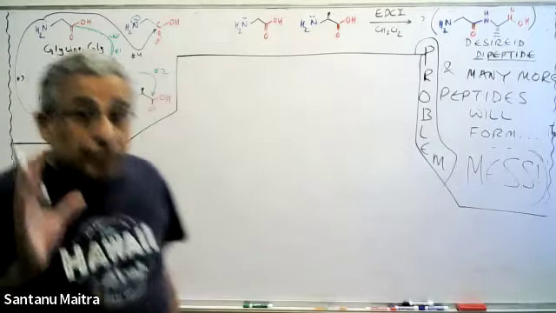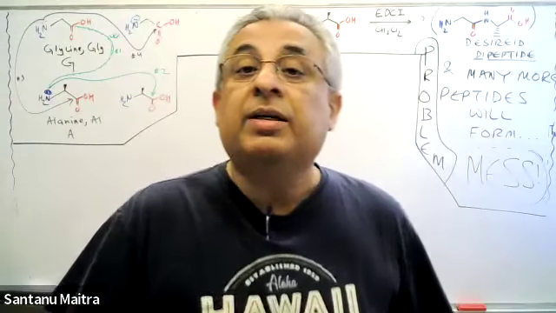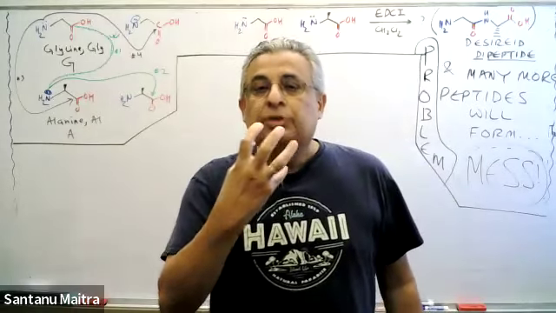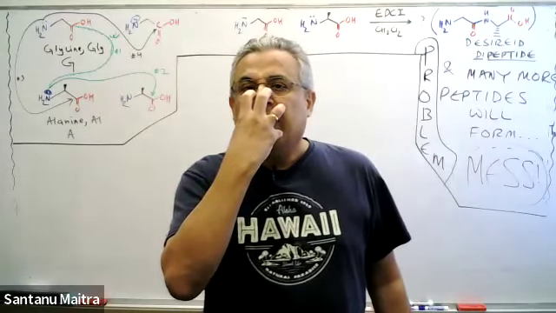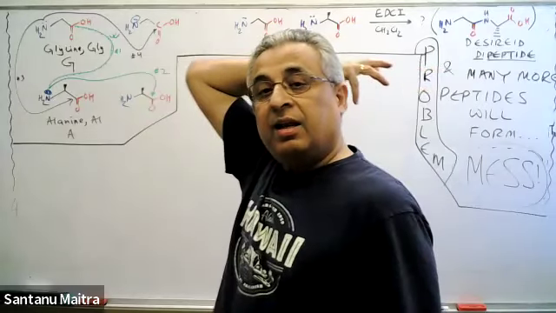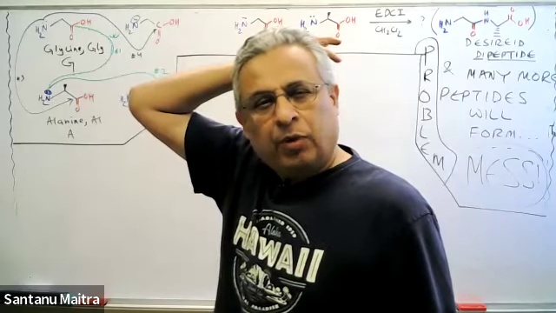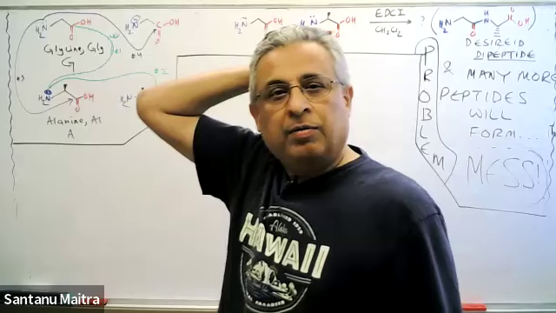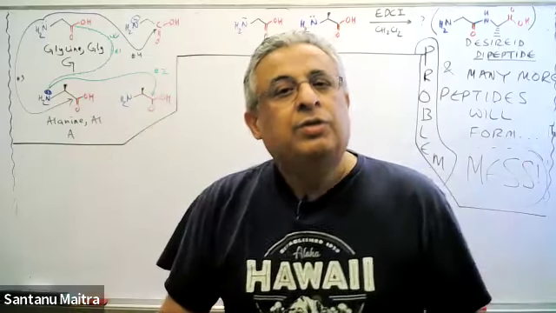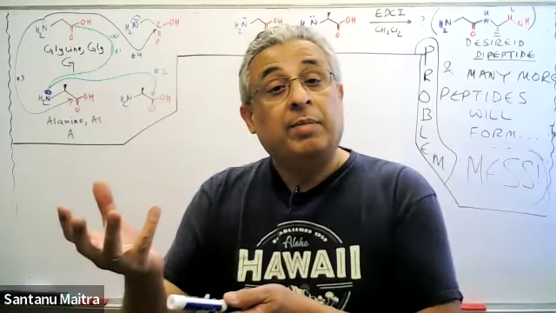Well, scientists, chemists developed protecting groups. Protecting groups are like a mask that you put around your amine face or your carboxylic acid tail so that it doesn't look like a carboxylic acid, but that can be quickly removed when the need is over to make it look like a carboxylic acid again, or make the amine look like an amine again.